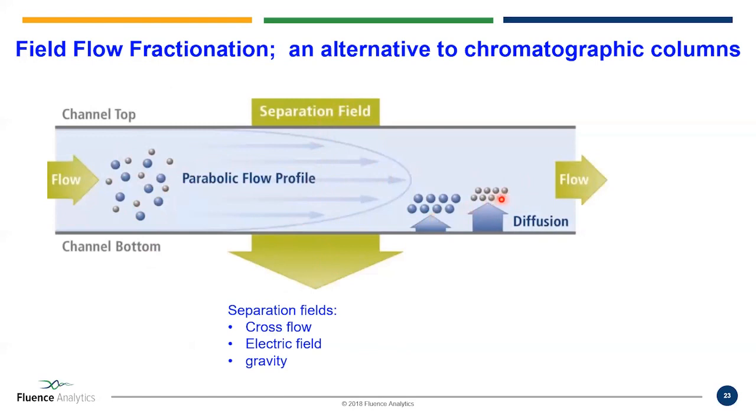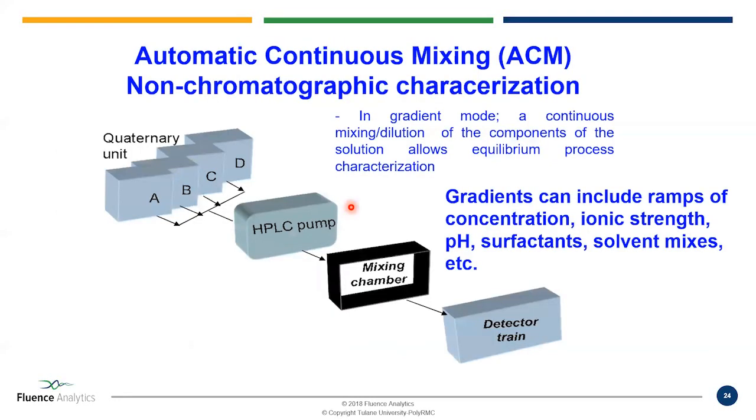In this case, the small comes out first and the big later. But that's no column packings, no kind of voodoo mystery inside the column. You can use electric field and gravity. So anyway, this has been developing for a long time. It's becoming more practical.